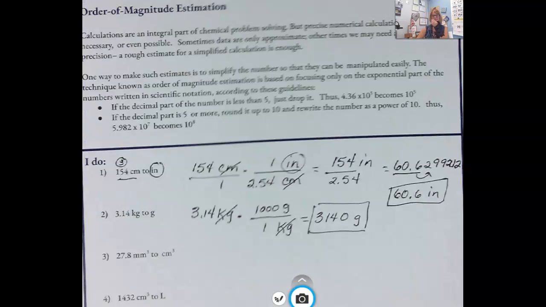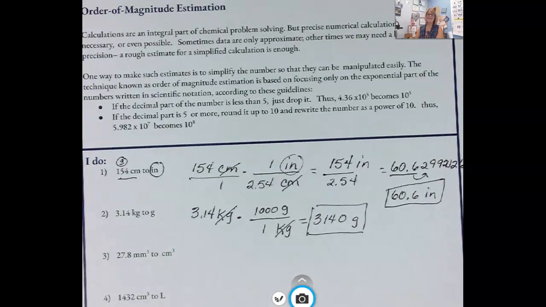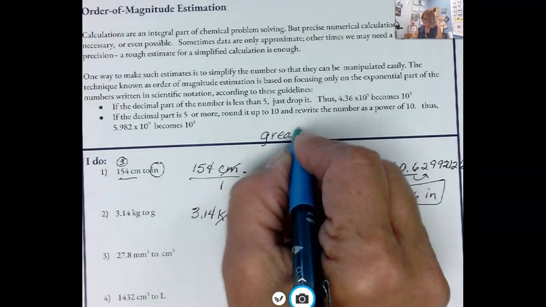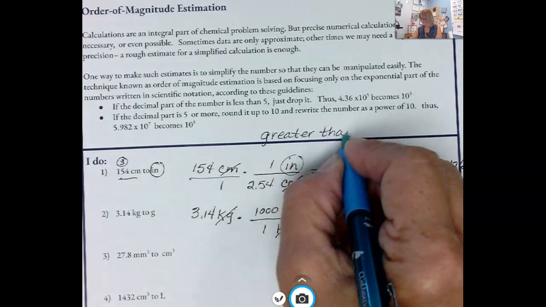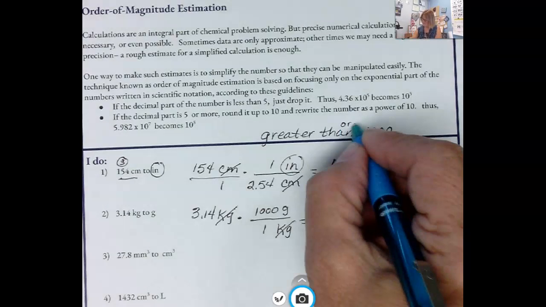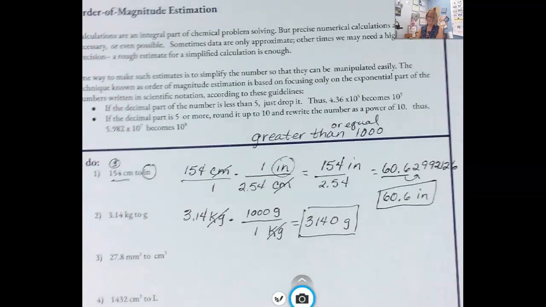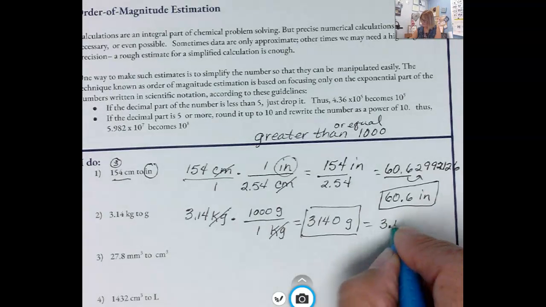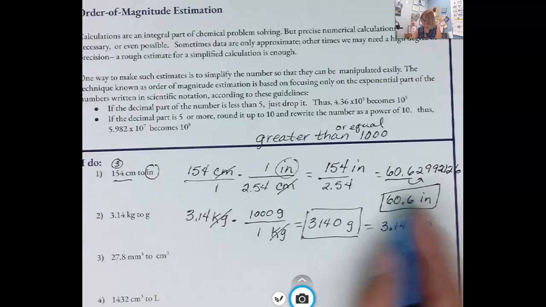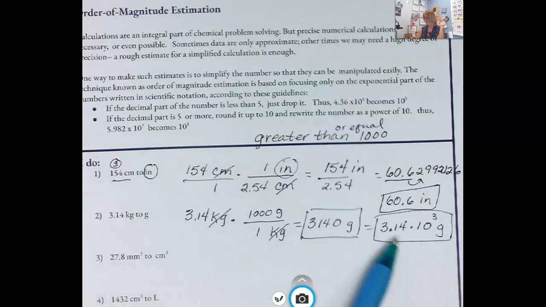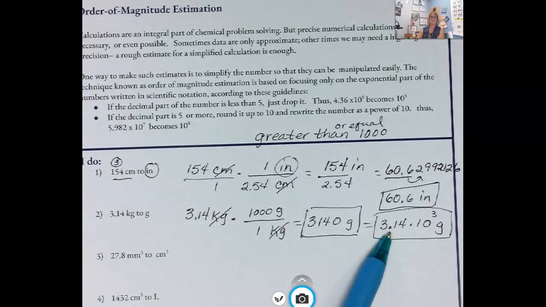Now, one of the things that I'm going to ask you to do is anything that is 1,000 or over, greater than or equal to 1,000, I want you to go to scientific notation. So really you would need to write this as 3.14 times 10 to the third grams. And I also think that that's a lot better to show your 3 significant digits.